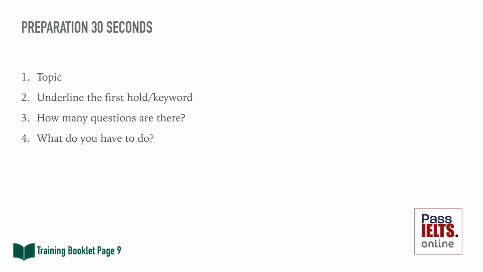You should have a quick look at what you have to do. What sort of questions are there? Check you can find all the questions on the form, for example. Sometimes it can be a bit confusing. And lastly, try to predict the answers or the kind of words you need in the answers, as then you'll know what to listen for. Number 4, for example, is a number of some kind.